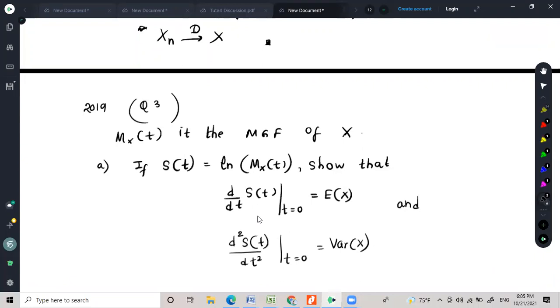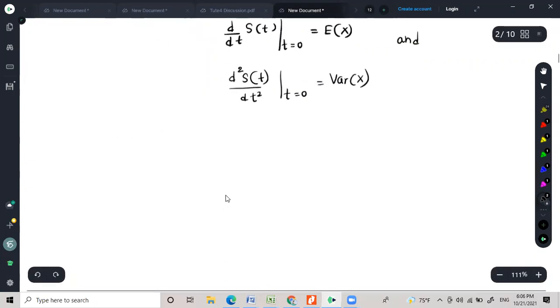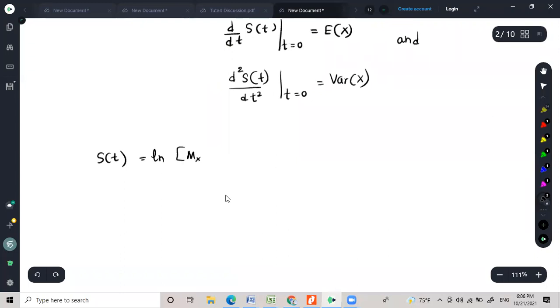So let's start with the definition and then proceed. We know that S(t) is ln of M_X(t). So let's take d/dt S(t), and you have to set t equals 0.